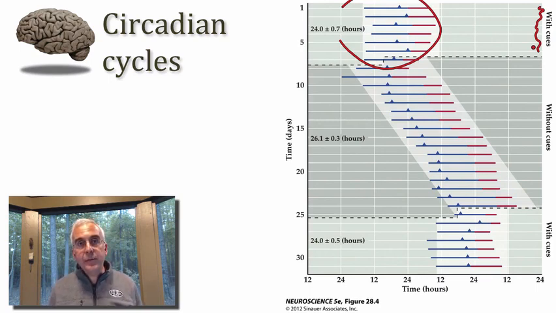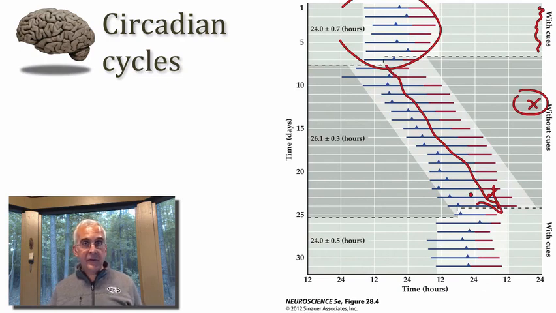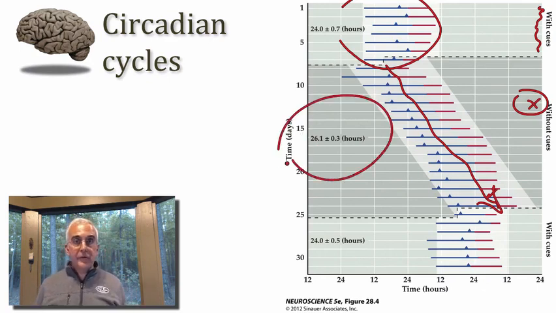But when these cues were now deprived from this environment, we see that there is a gradual shift forward in time of these daily cycles, suggesting that, at least for this cohort of subjects, the average period was longer than 24 hours, actually by quite a bit of time.